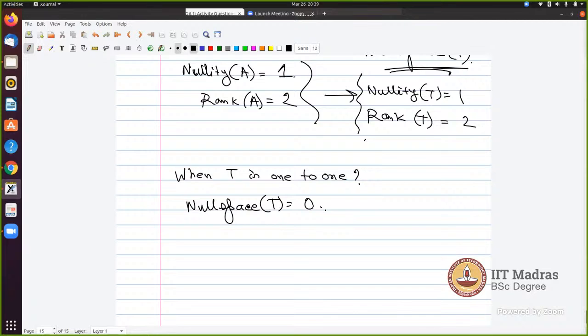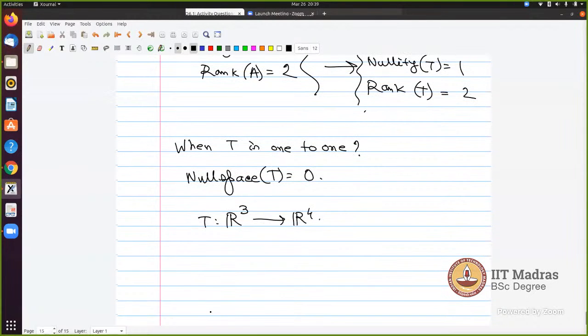Null space is 0 means the nullity is also 0. So suppose I have a linear transformation from R3 to R4. My question is, can it be 1 to 1? Yes, it can.